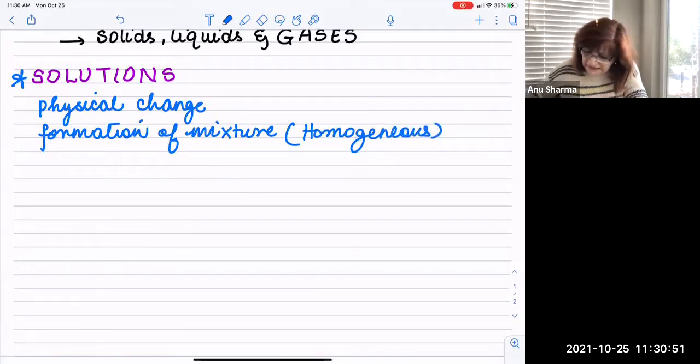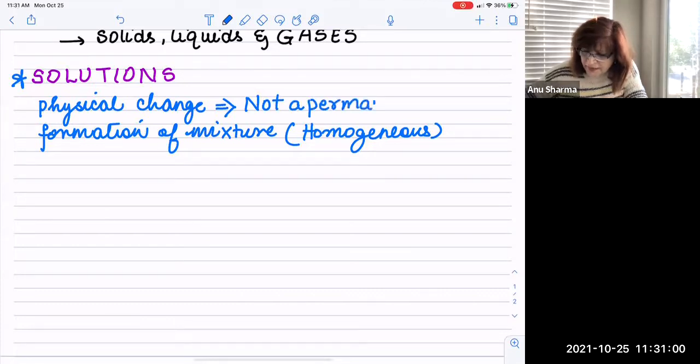Next, this is not a permanent change. When we say this is a physical change, it means it is not a permanent change, so no new substance is formed. Even though it may look like a homogeneous mixture, no new substance is formed.